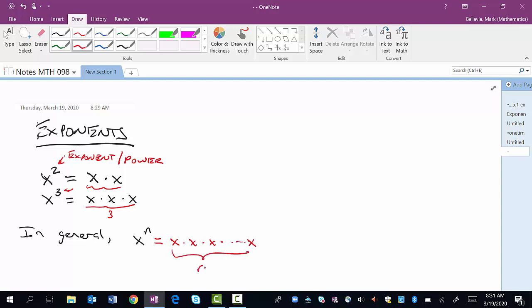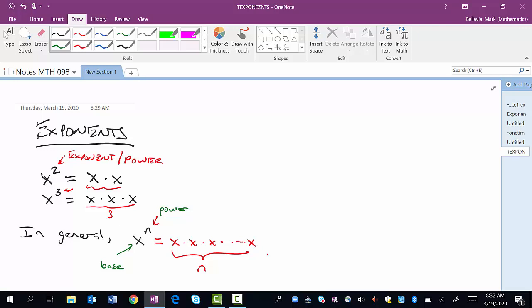How many times do you see it? Well, it's n times, the same number of times as the exponent. It's just a way of writing it generally. It's not something you need to worry about too much, just understand that the exponent is telling you how many times you're multiplying that value by itself. We call this value x the base. So we raise a base to a power or a base to an exponent.